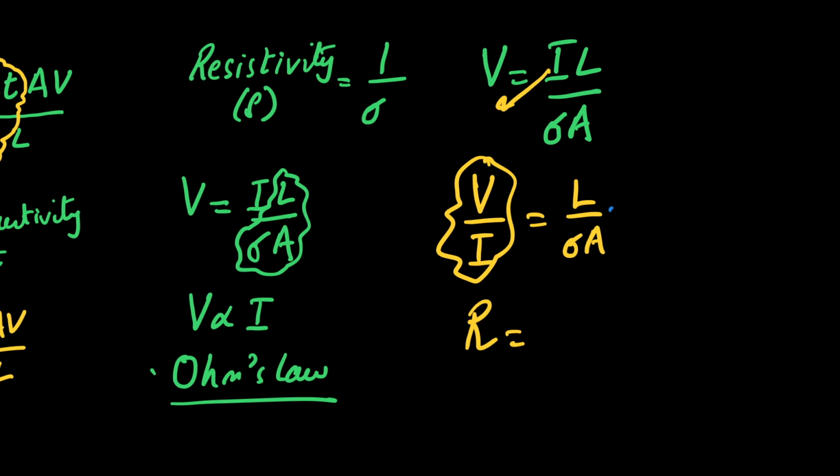Now, what I want to say is that L over A के साथ हम 1 over sigma भी तो लिख सकते हैं, यूं करके. Should not make you unnerved or uneasy, because it's the same thing. अभी भी sigma और A आपस में multiply ही हो रहे हैं. Sigma और A multiply हो रहे हैं और L और 1 multiply. So what is 1 over sigma? 1 over sigma is resistivity. So I can write 1 over sigma as resistivity.